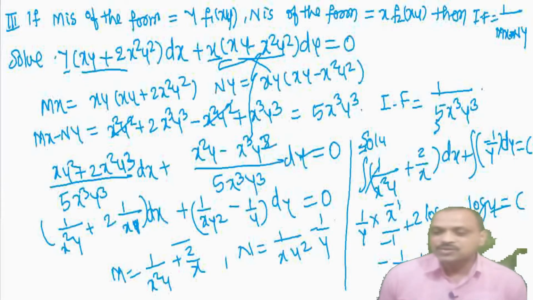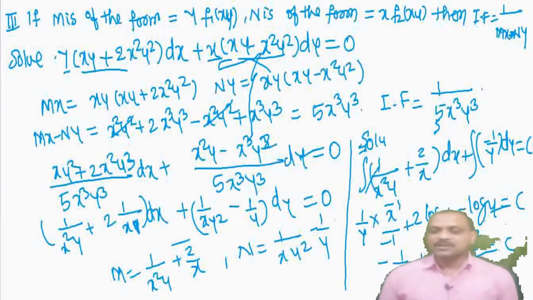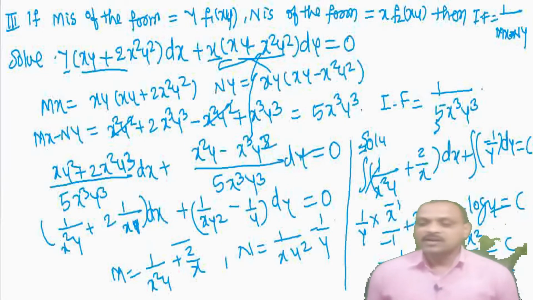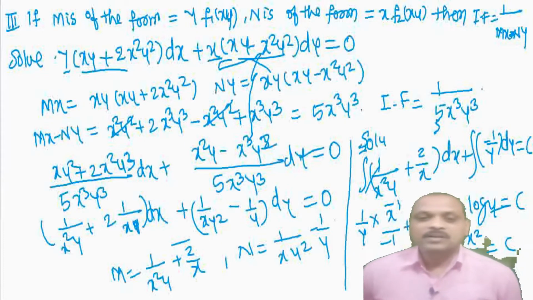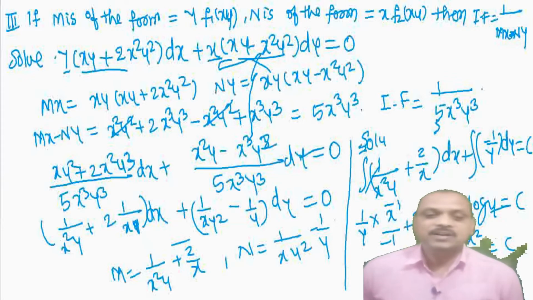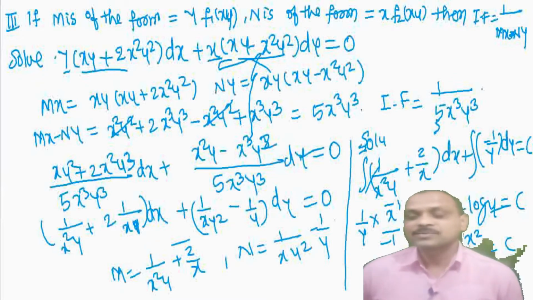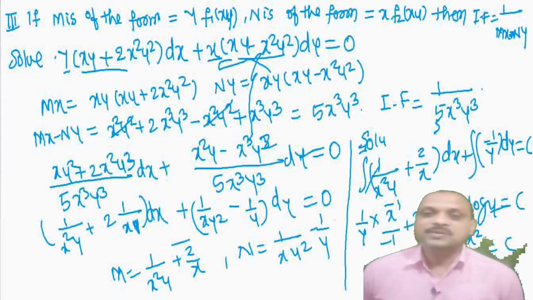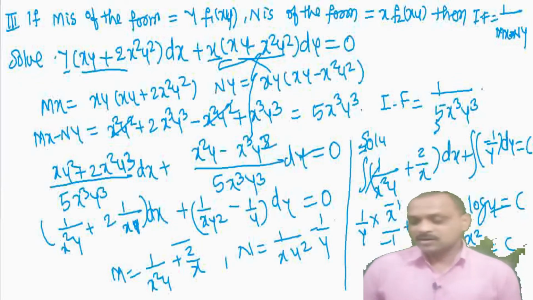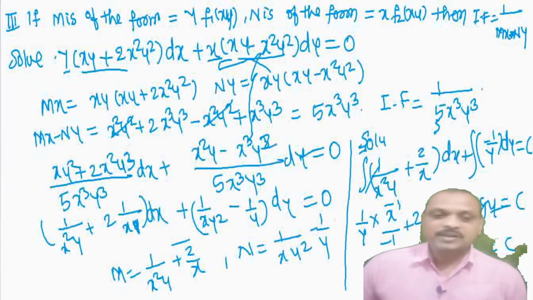This is the solution of this equation. Here you can see that whenever M is of the type y into f1 of xy and N is of the type x into f2 of xy, then we have a simple term as an integrating factor, that is 1 divided by (Mx minus Ny).